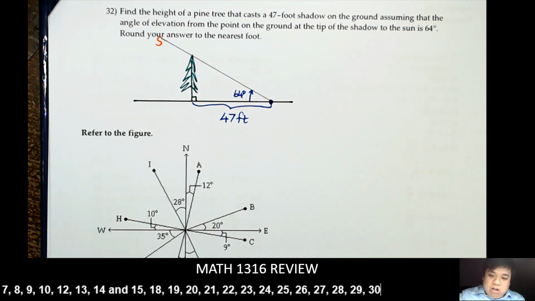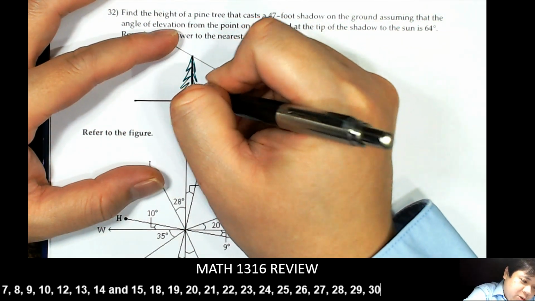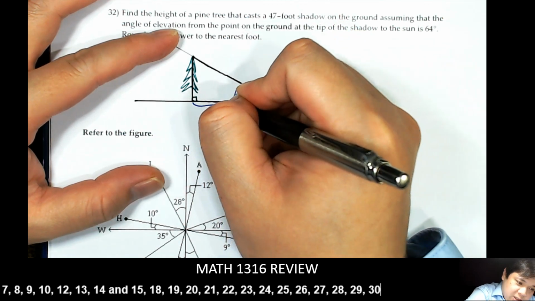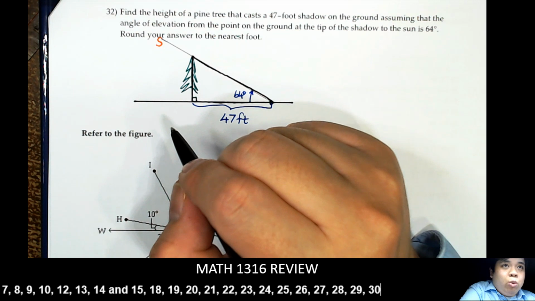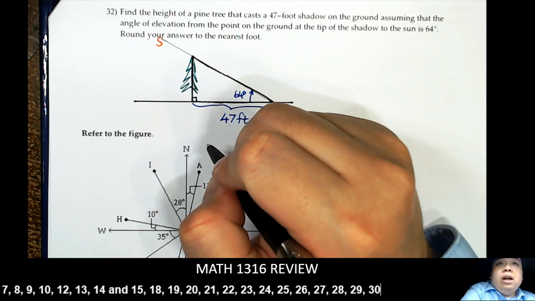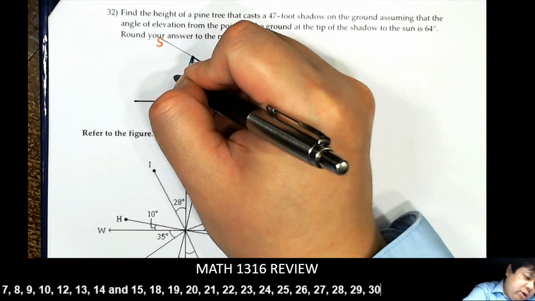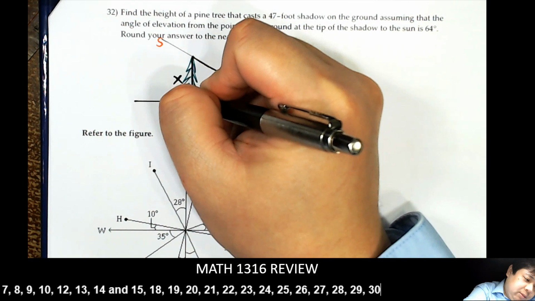So this is a right triangle. So we have a right triangle here, the pine tree, and that. So let's see what we are given. 64 degrees. And what we are asked is to find the height of the pine tree. So we don't know this. Let that be x.